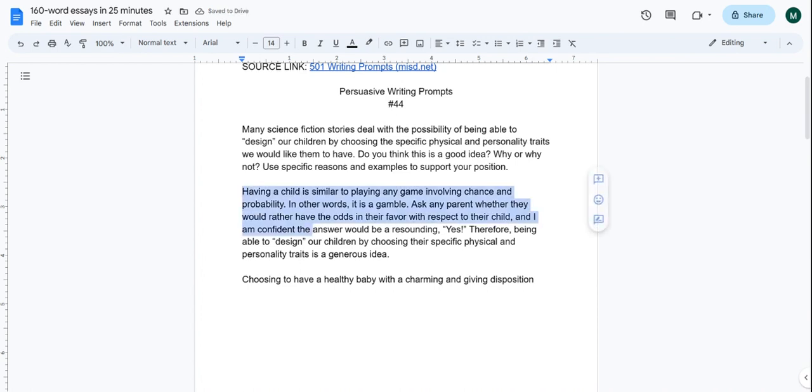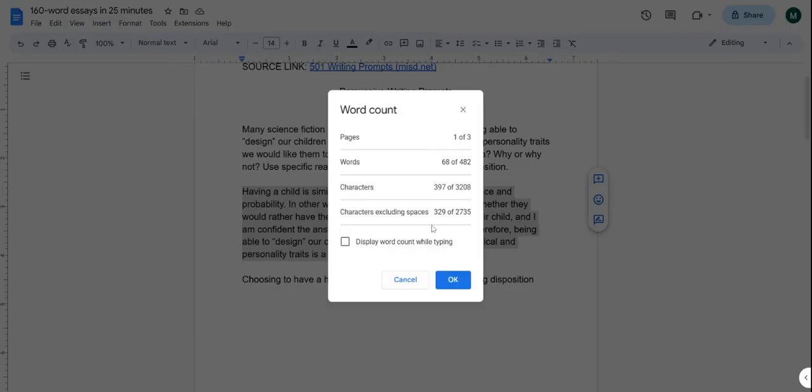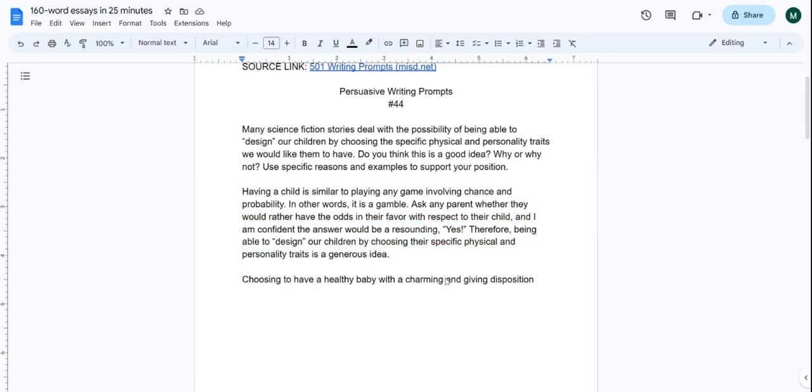I'm going to do a quick word count check just to see how many words I have so far. So I'm at 68. And again, I need 160 words or less. So, would be a resounding yes. Let's go back here. Ask any parent whether they would rather have the odds in their favor with respect to their child, and I'm confident the answer would be a resounding yes.